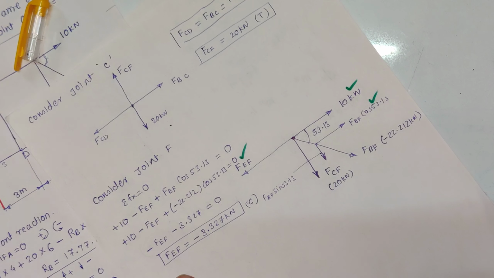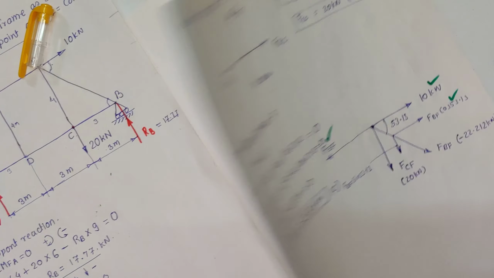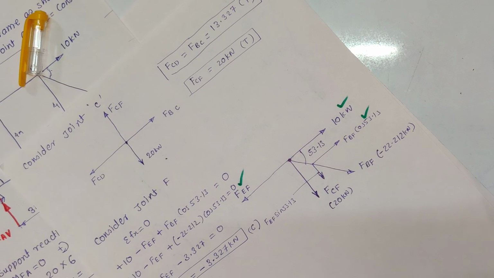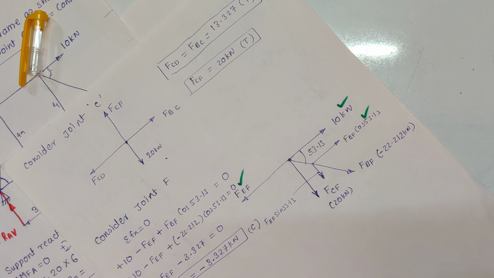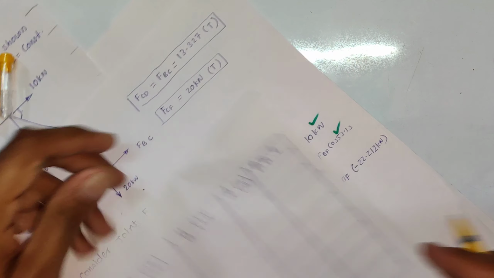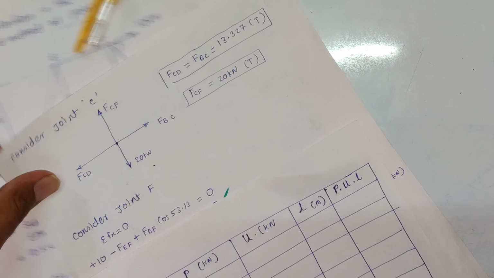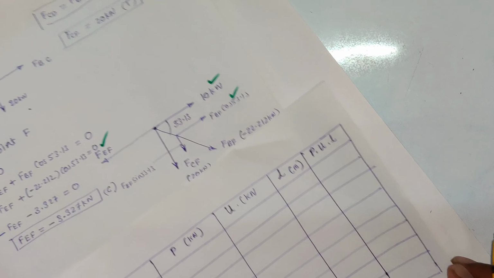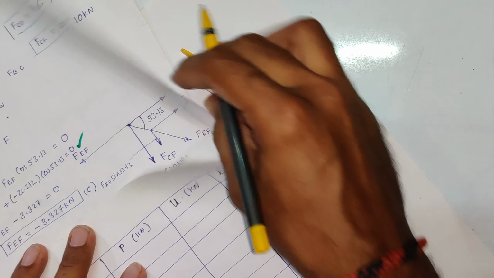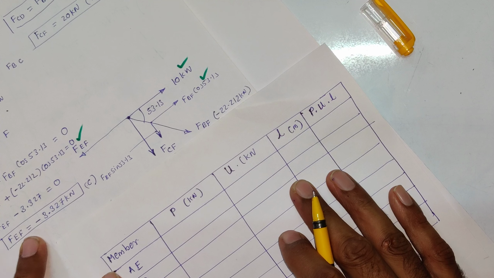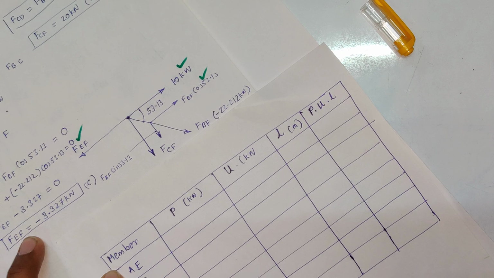So अभी तक हमको जो भी वैल्यूज़ मिल गए हैं उसको हम एक टेबल में कॉपी करेंगे. यहाँ पे, right? So we'll write step by step. FEF, where is EF? Yes, 3.327 negative.